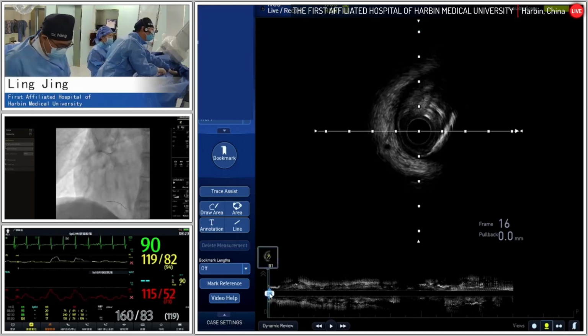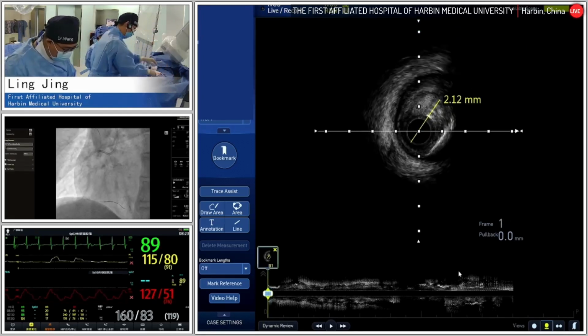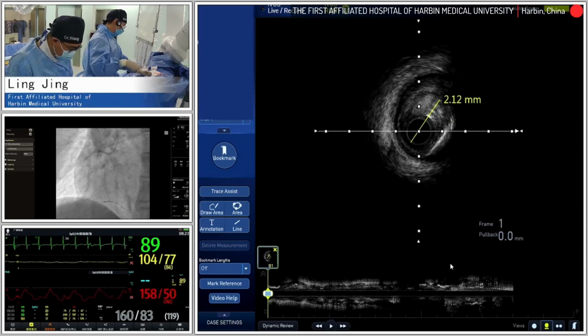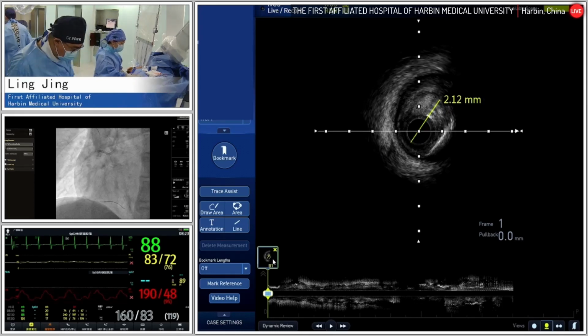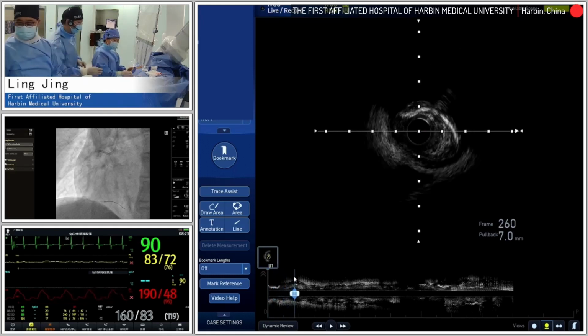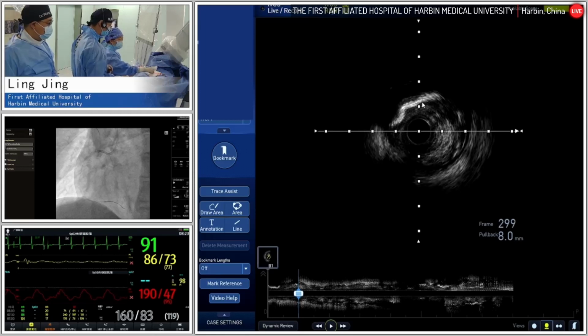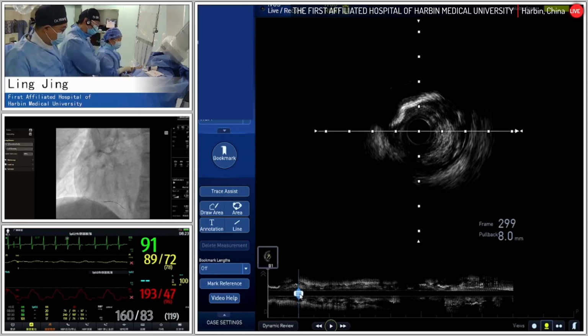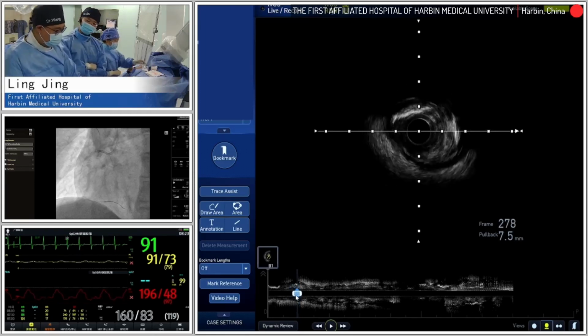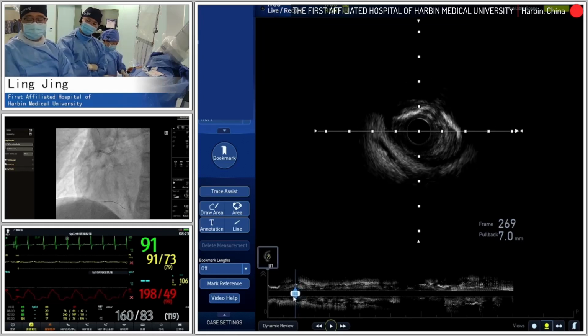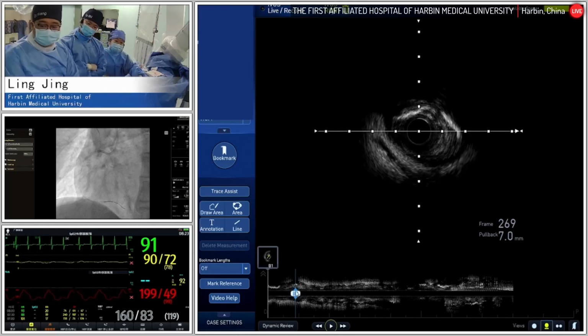So this is a very potential hint for us on how to choose the right stent size for CTO lesions, because sometimes after initiation of the recanalization, the distal landing zone vessel size doesn't seem to be at the right spot. And after pulling back to the distal part, we noticed some eccentric superficial calcification.